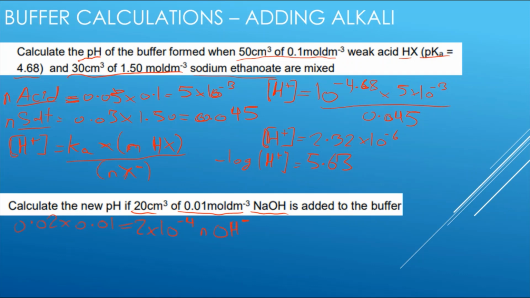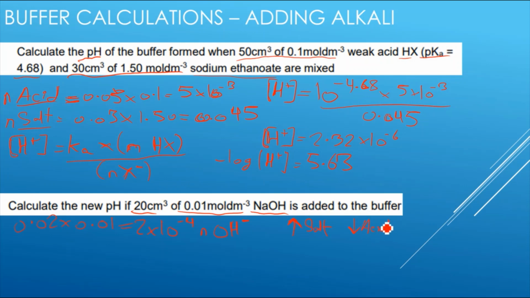So what you need to remember is when a base is being added, the moles or the concentration of the sodium ethanoate, the salt, would increase, and the concentration of the acid would decrease.